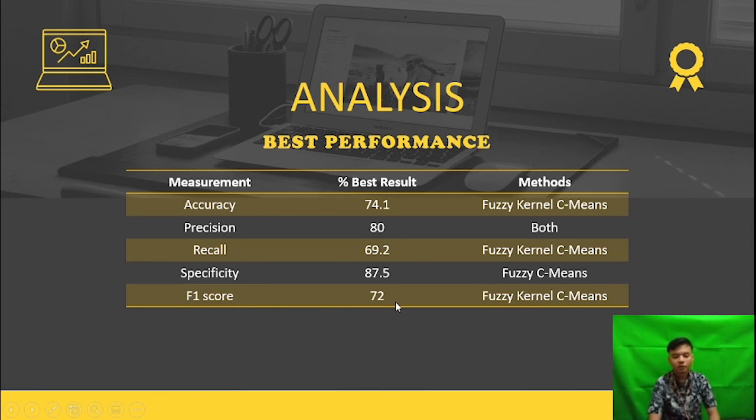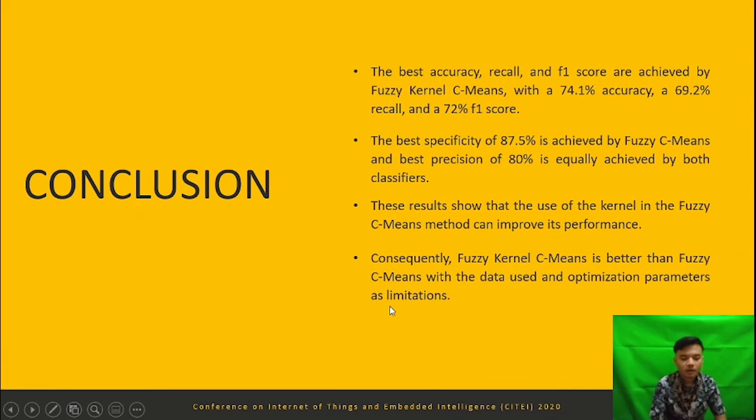And the conclusions of this study are that the best accuracy, recall, and F1 score are achieved by fuzzy kernel C-means, with a 74.1% accuracy, a 69.2% recall, and a 72% F1 score.